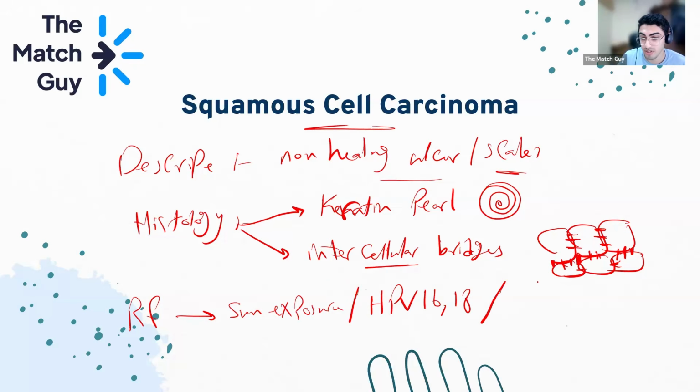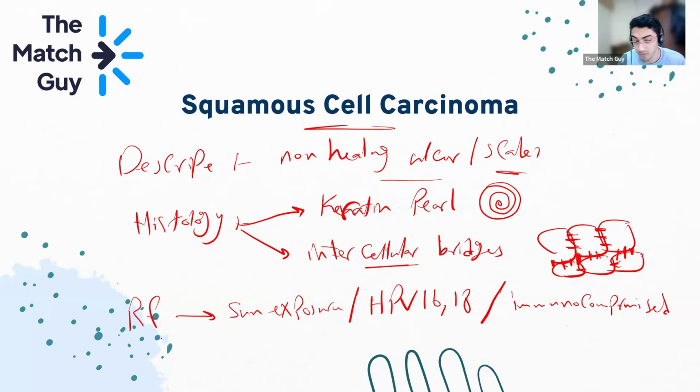We might have squamous cell carcinoma if the patient is immunocompromised. So for example, if he gives you a patient who just had a transplant, okay, and now he is on immunosuppressant medications, and this patient developed a non-healing ulcer. So think of squamous cell carcinoma, all right?